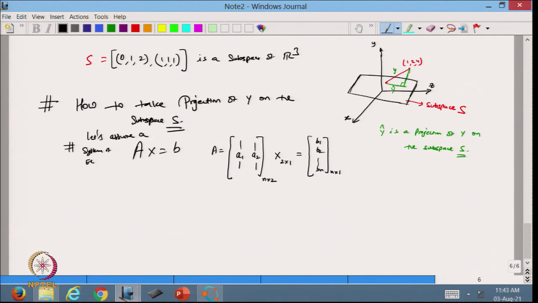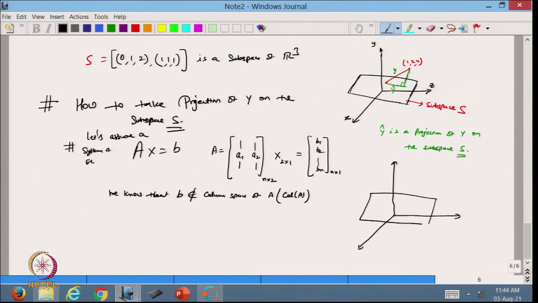Now we know that b does not lie in the column space of A. So, I will make some 3-dimensional space, and suppose this is my plane, the space S is equal to the span of A1, A2.